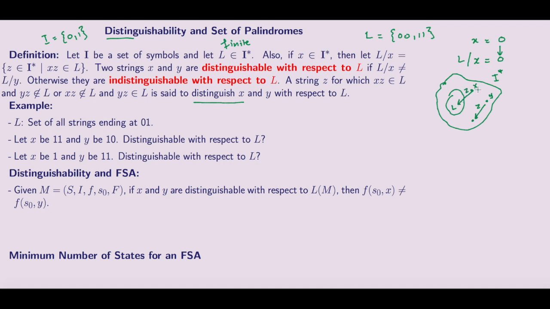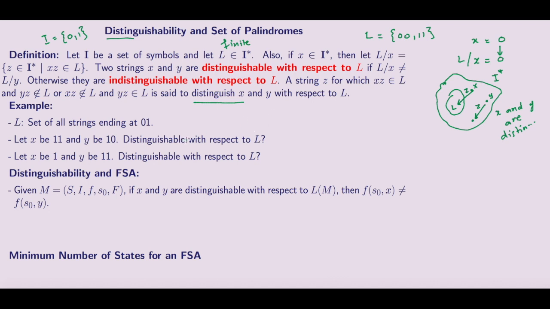Now concatenating x with z ends up inside L, and concatenating y with z ends up outside L. So this means that x and y are distinguishable. Okay, so now let's see another example.